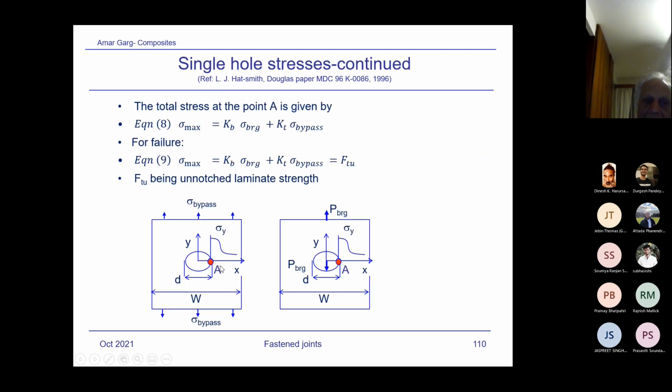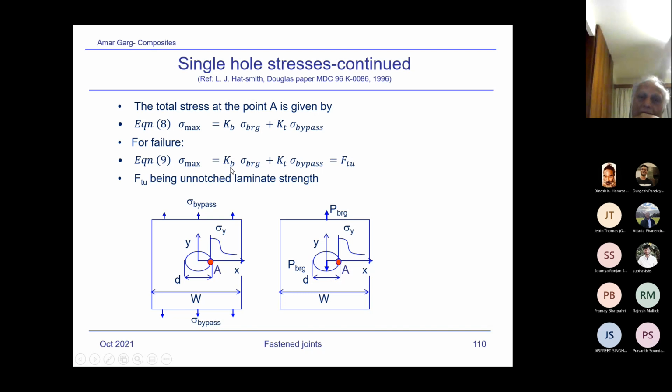So total stress at point A, we consider bypass and bearing. What I'm trying to explain is the importance of bearing bypass interaction, and why it is important to understand. You see here, we are applying a bearing and a bypass load. So for a joint bearing, the total stress sigma max at this point, because a failure may initiate from here, equals KB into sigma bearing plus KT into sigma bypass.